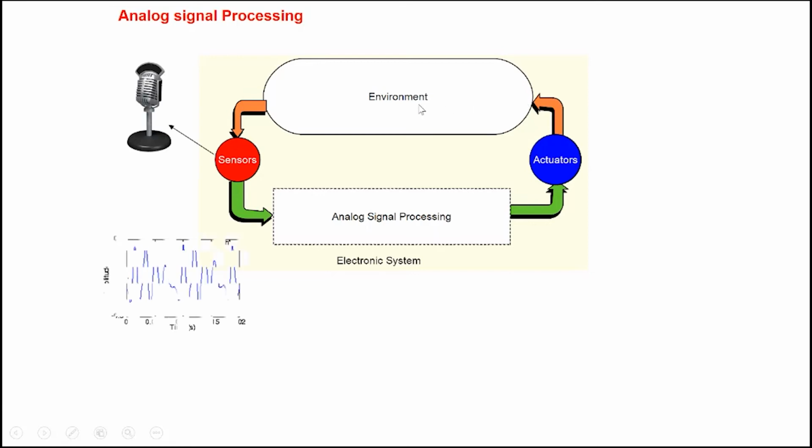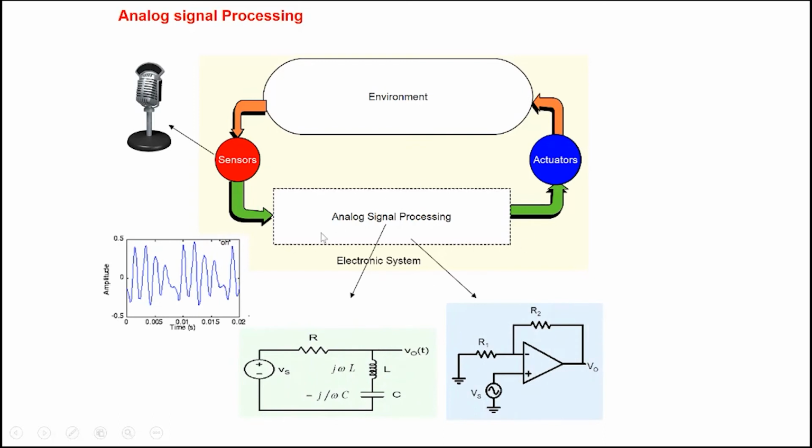All right, so we have seen this kind of a thing. And what we've been saying is analog signal processing is not as easy, it is more difficult. Also, analog signals, once corrupted by noise, are much harder to recover.